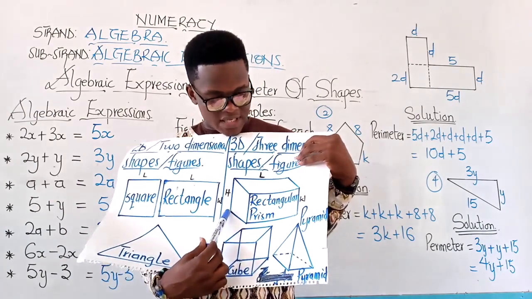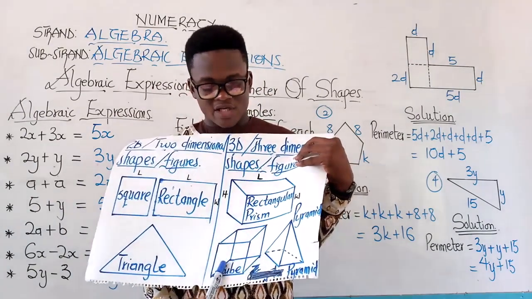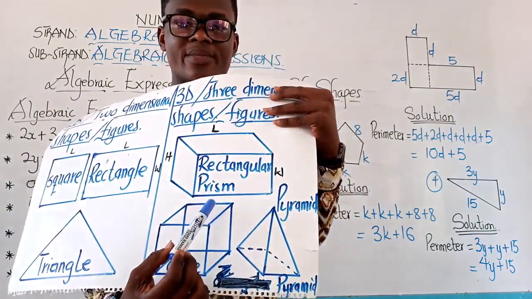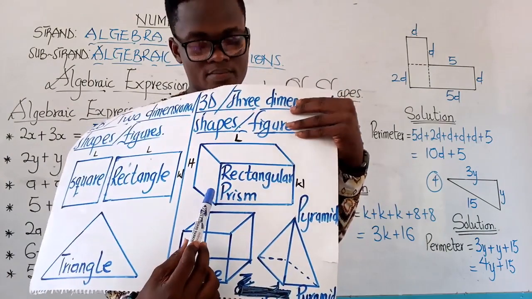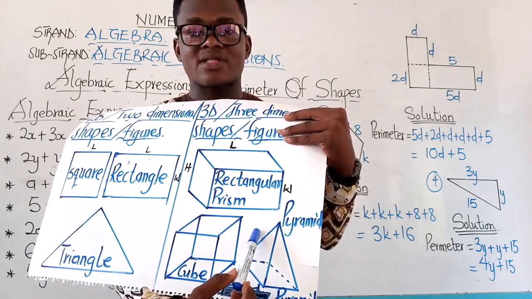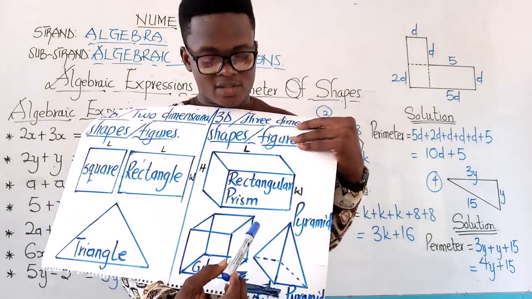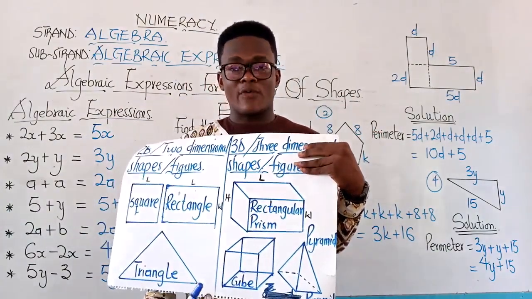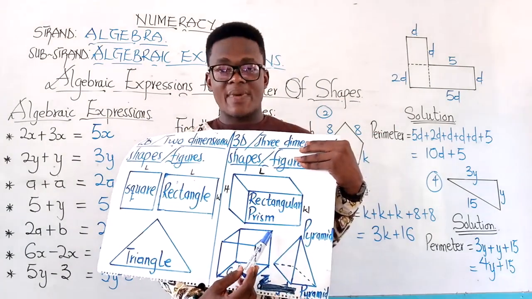We have the rectangular prism, the cube, and then the pyramid. I hope you can see that. They have height, length, and width.